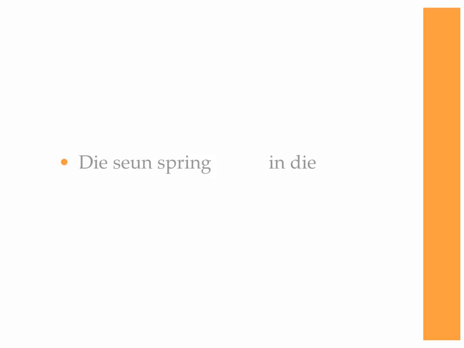Die seun spring in die swembad. Die seun spring nie in die swembad nie. Vind almal reg? Baie mooi. Reg is right. Did you get it wrong? You looked a bit confused. Okay.